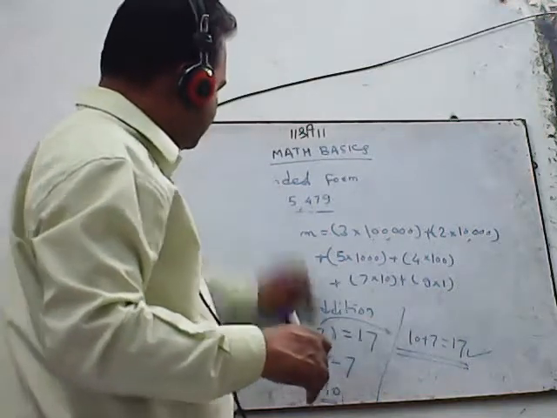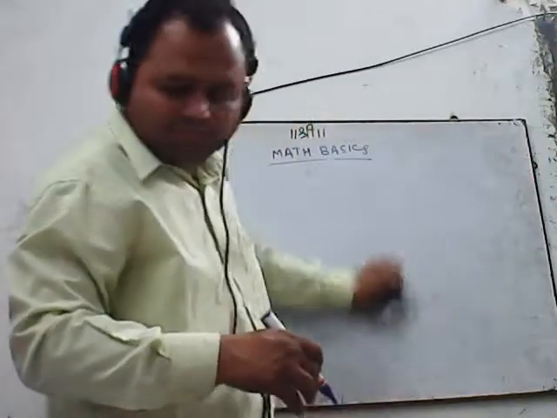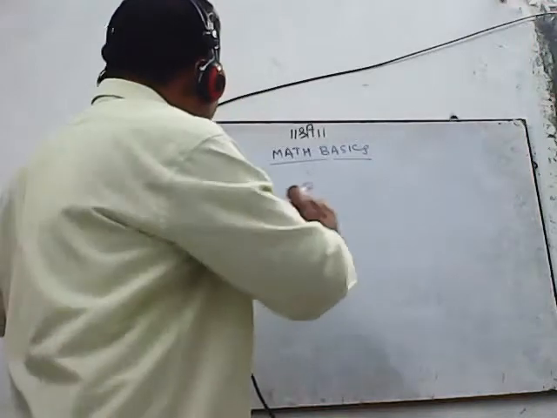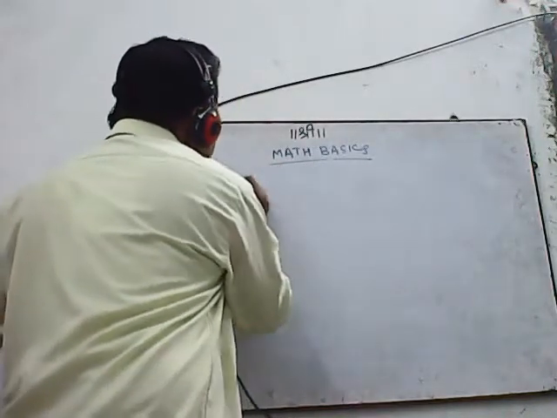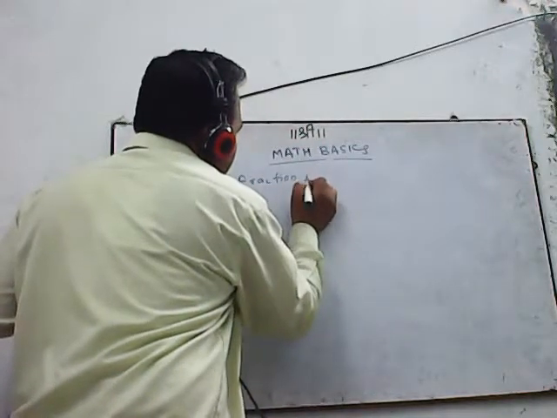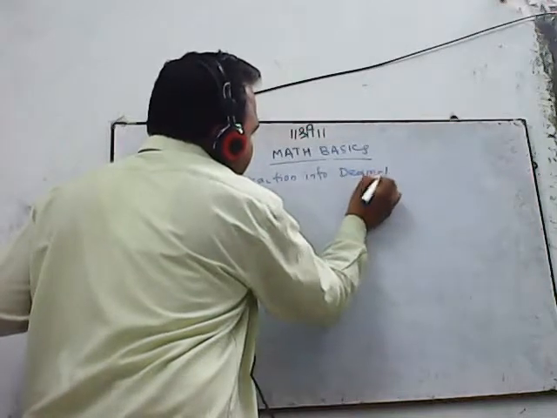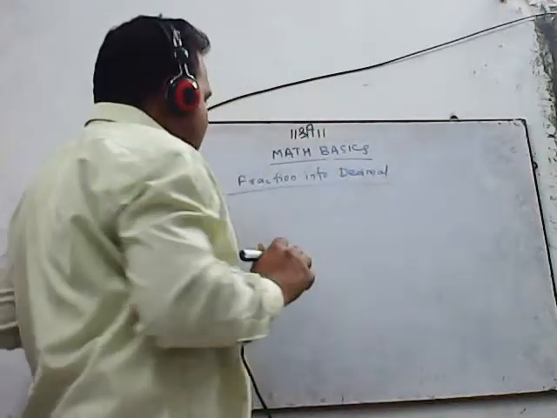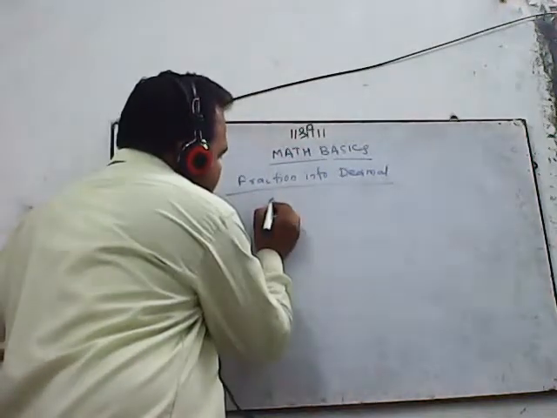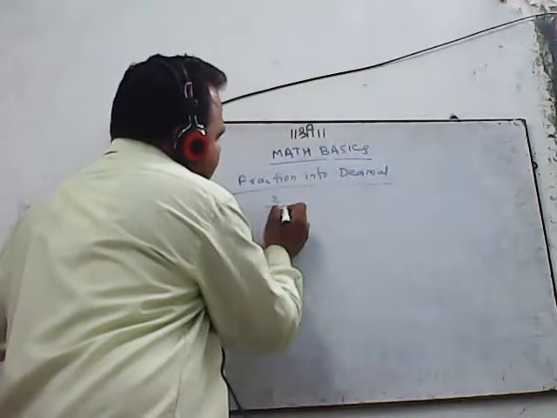Then the next question is: fraction to decimal. How will you convert a fraction into a decimal? The question you will be asked in the examination is like this: 2 upon 3, convert this fraction to decimal.